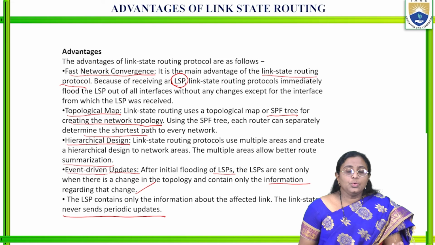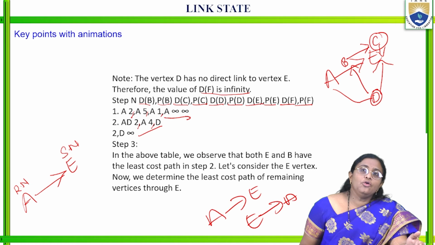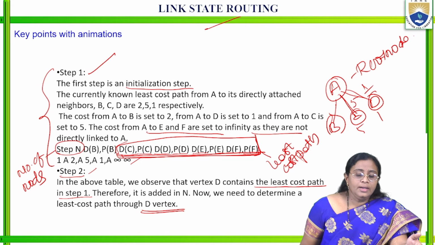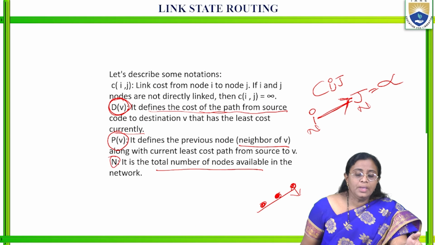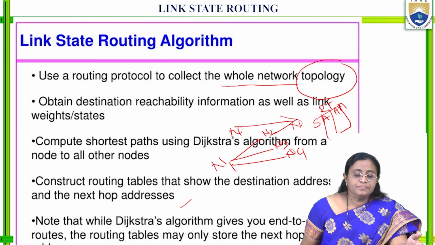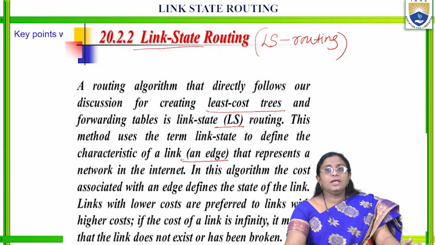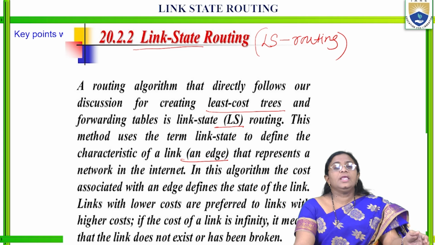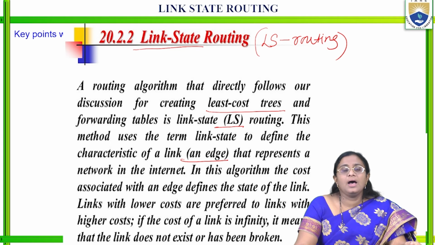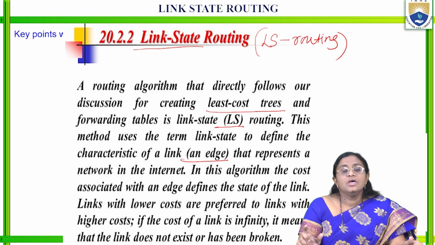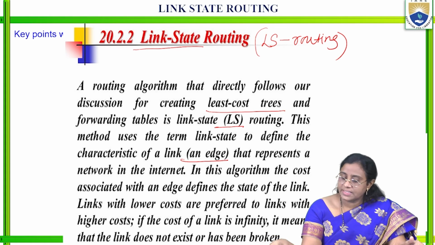Again, I want to recollect and review what is meant by link state routing according to this current video, and what its definition is. A routing algorithm which directly follows for creating the least cost path or shortest cost path out of all network topology or the nodes which are associated on one subnet.